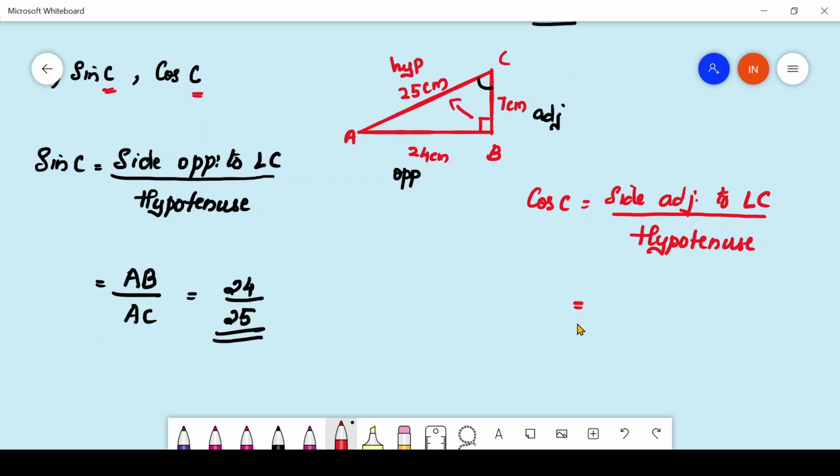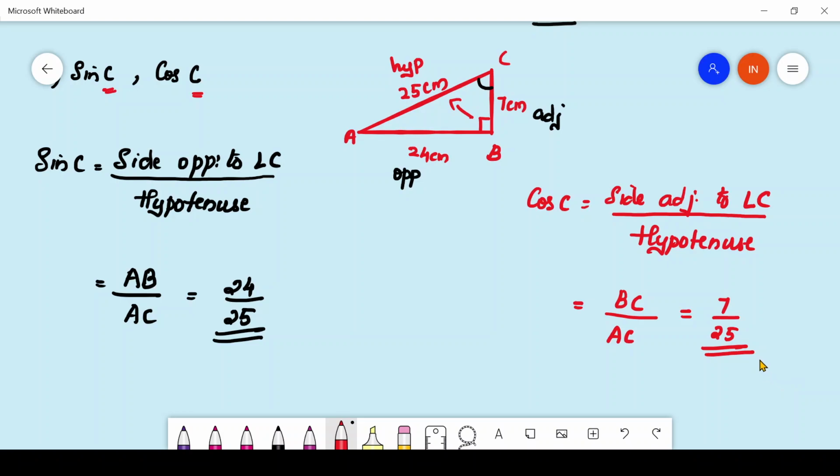Which is the side adjacent to angle C? We have already marked it here, that is BC. BC by hypotenuse is the same, that is AC. What is BC by AC? BC is equal to 7 centimeters and AC is equal to 25 centimeters. So this is the answer for cos C.